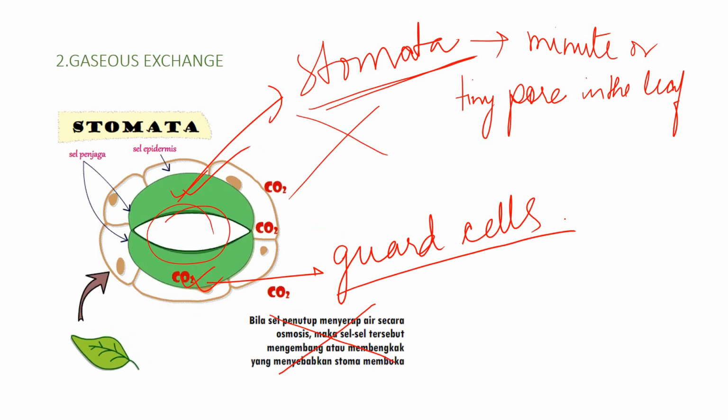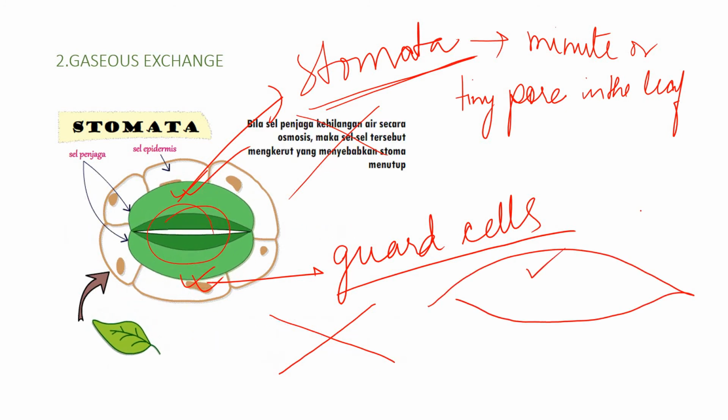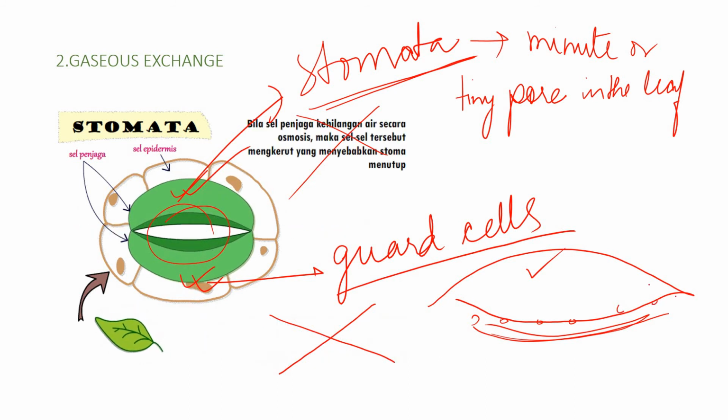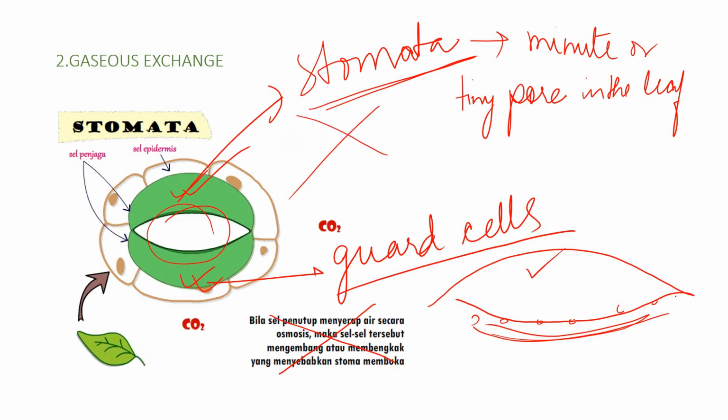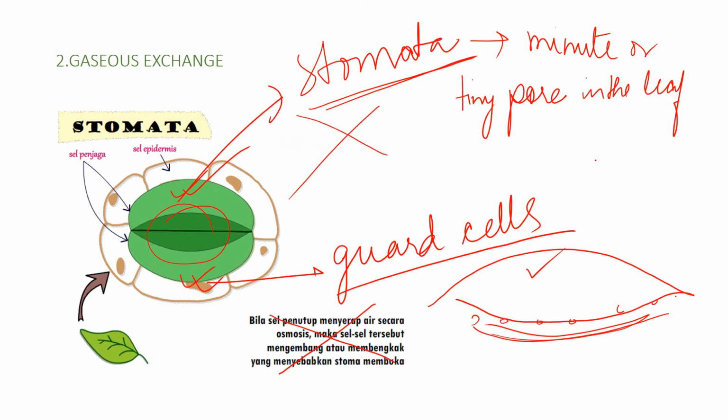Basically, the leaf has an upper portion and a lower portion. The stomata, these tiny pores, are mostly present at the lower portion of the leaf, more than the upper portion. Do you know why you will find many stomata on the underside of the leaves?